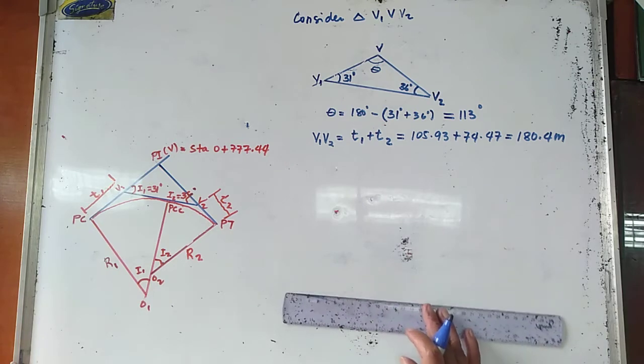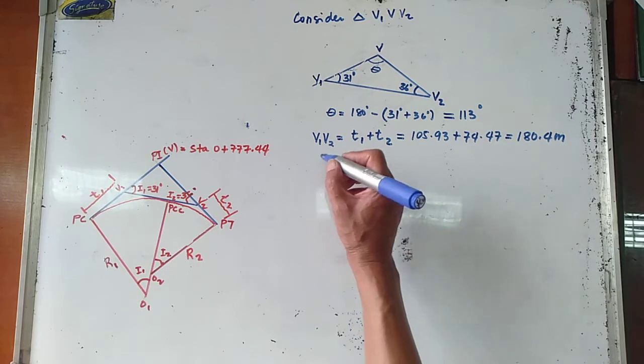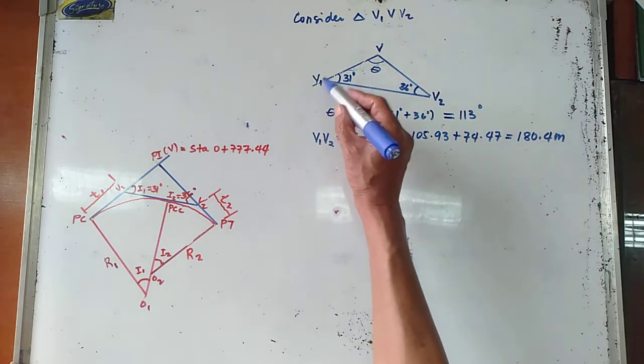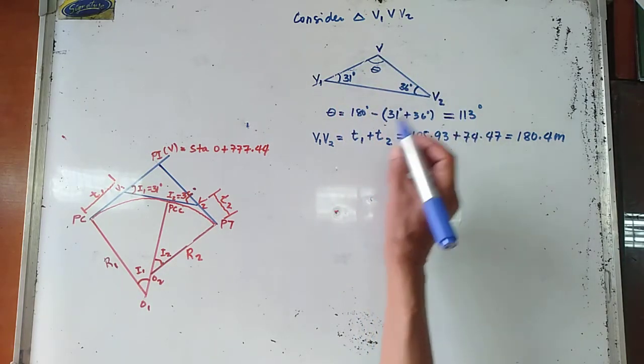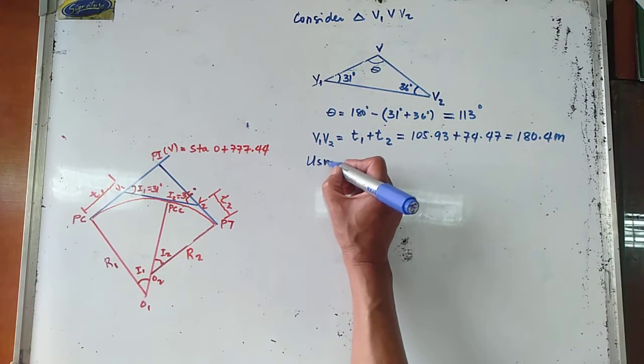Now, knowing the length of the common tangent, let us try to determine V1V and VV2. That is now using sine law.